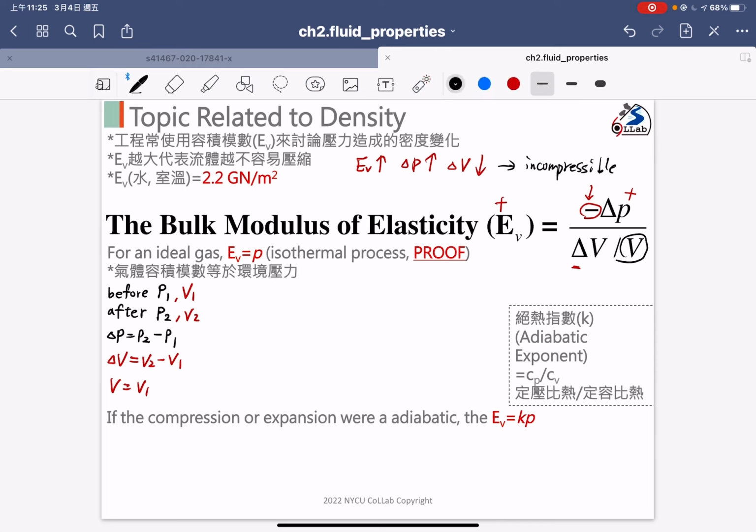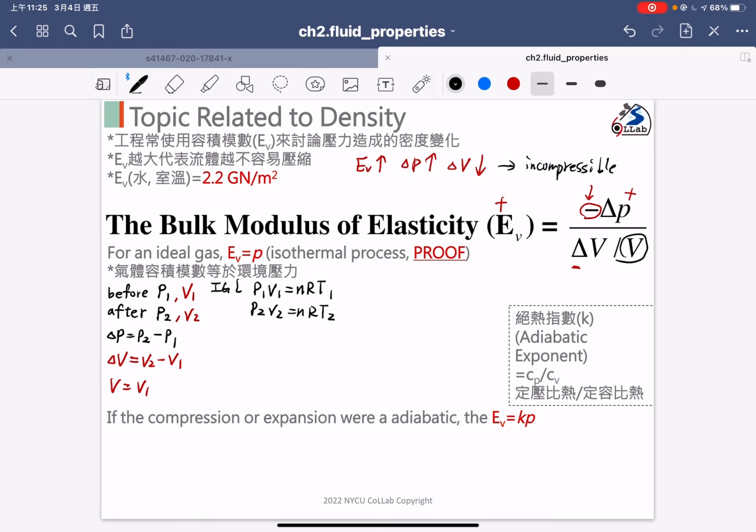So based on the IGL, we know that P1 V1 is equal to nRT1, right? And the gas is constant, it didn't change during the process. And the mole number is also the same in the same tank. Okay, so n cannot be changed between different processes. And P2 V2 is equal to nRT2.